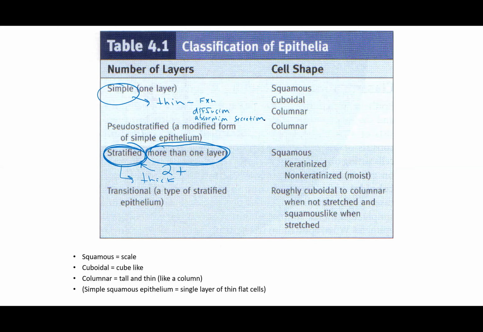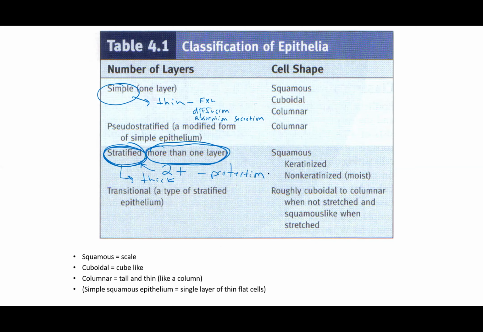Stratified, because it's thick, is good for protection. Thick tissue is better for protection. I'm going to use a motorcycle analogy here. If you're riding a motorcycle and for some reason you put the bike down and you're going to fall and hit the asphalt, do you want to be wearing a t-shirt and shorts, or a helmet and a leather jacket, basically motorcycle armor?